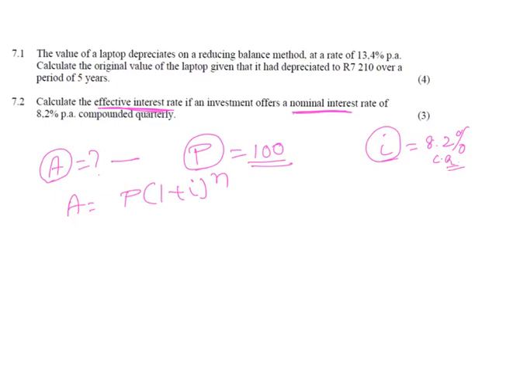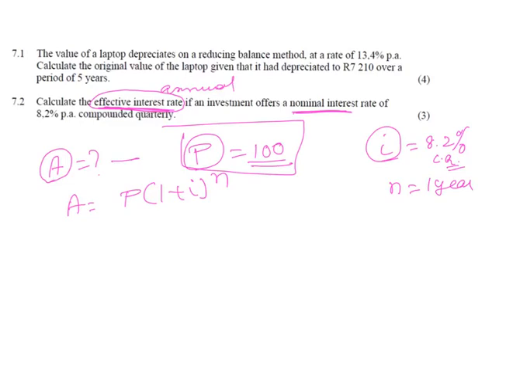Now effective rate of interest is always annual, right? So we want to calculate the amount after 1 year. So my period is always 1 year. This will remain so whether the question asks to calculate the effective rate of interest or the nominal rate of interest.